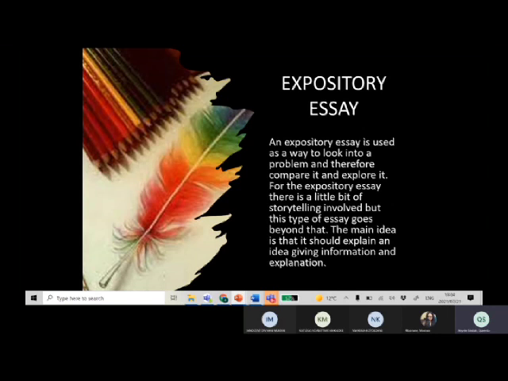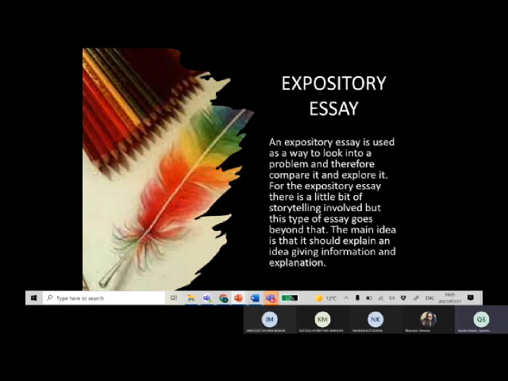So an expository essay is used as a way to look into a problem and therefore compare it and explore it. For the expository essay, there is a little bit of storytelling involved, but this type of essay goes beyond that. The main idea is that it should explain an idea, giving information and explanation.